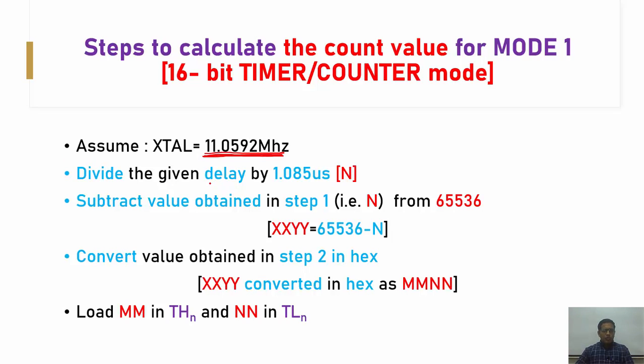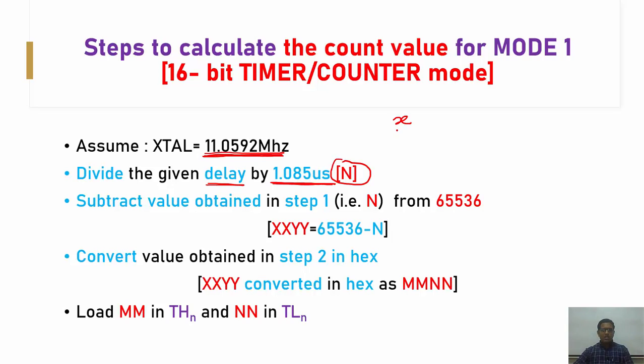In step 1, whatever the given delay is, we have to divide this delay by 1.085 microsecond, and I am going to term this as value n. This is my first step: whatever amount of delay needs to be introduced, we divide by 1.085 microsecond.